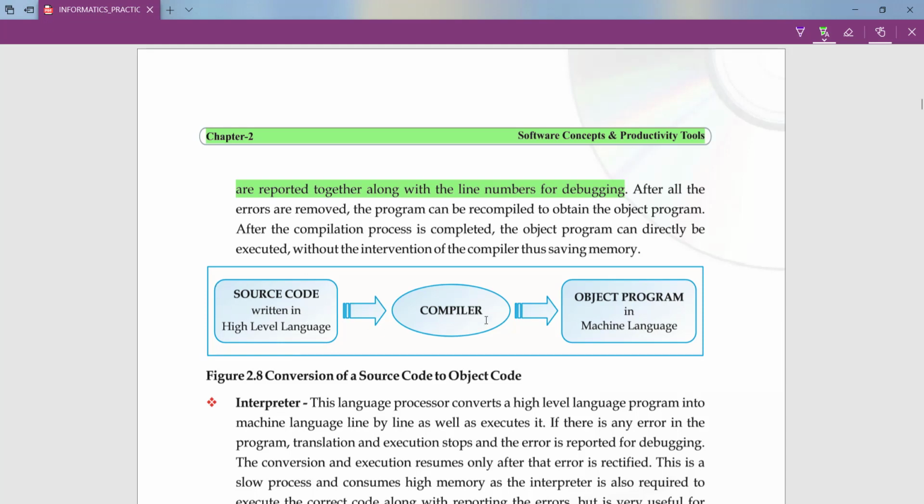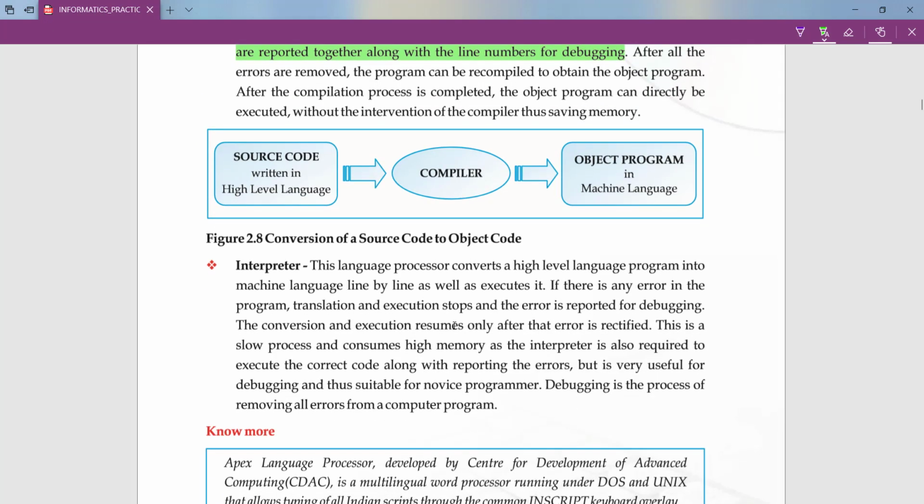Source code is compiled with the help of the compiler, and this is converted into the object program. Object program means machine language. So you also draw this figure.